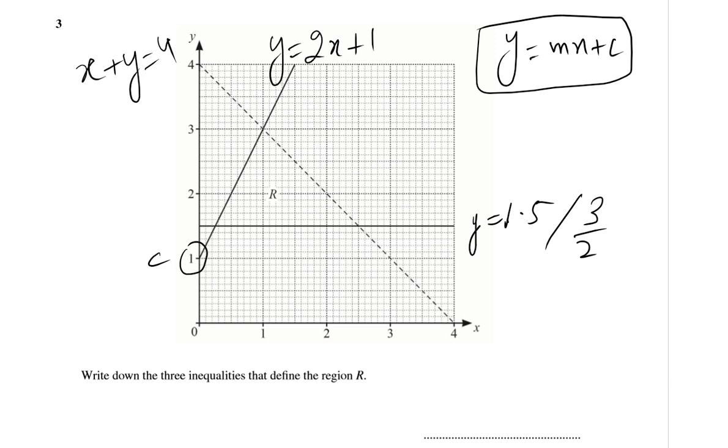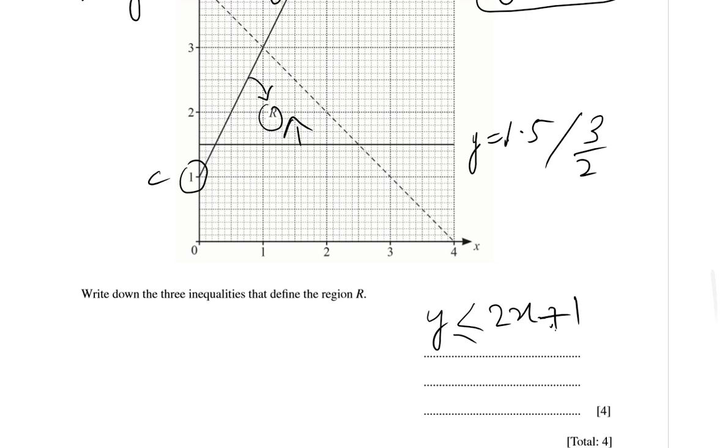So now it's time for the inequalities to be written pointing towards the region R. So it is showing the lesser side. So we will write y is less than, sorry, it's a solid line, less than or equal to 2x plus 1, and for the horizontal line, region R is on its greater side.